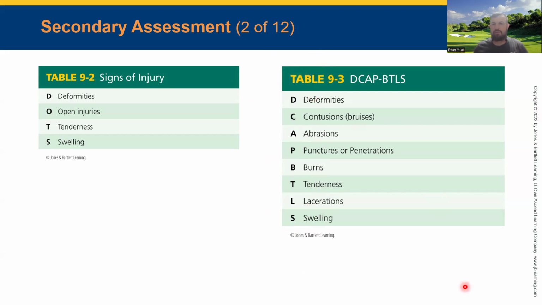So when we're doing our skills practice, when we're doing scenarios, I want you to say DCAP-BTLS, and there will be times when me or Katie might go, okay, what's that mean? What's the A mean in DCAP-BTLS? And it's fine if you go D, okay, that's what it means. So D is deformities, C is contusions or bruises, A is abrasions, P is punctures or penetrations, burns, tenderness, lacerations, swelling.